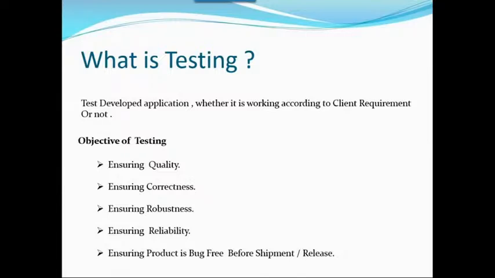User needs to accept your application, so we need to test user friendly or not. I will explain how we test reliability and all these things. Finally, ensure the product is bug free before shipment and release. Before we go to the release, we need to check whether the application is bug free.